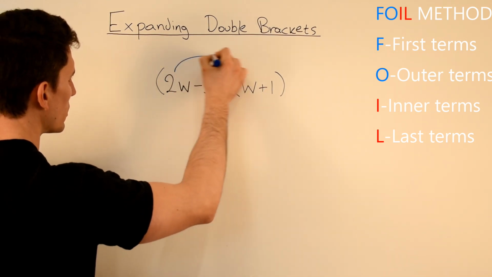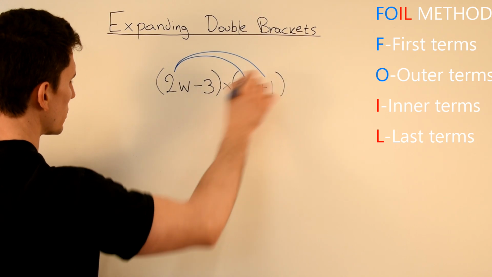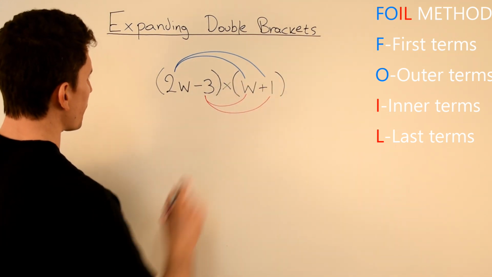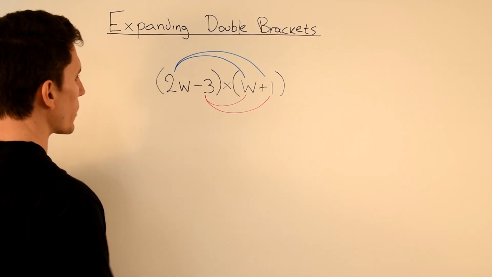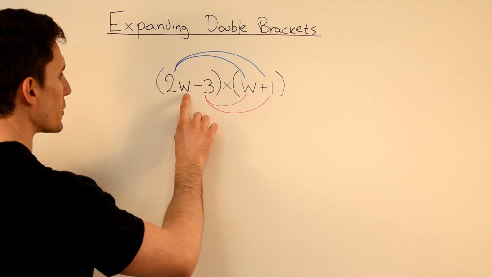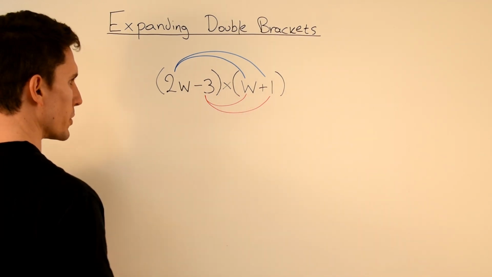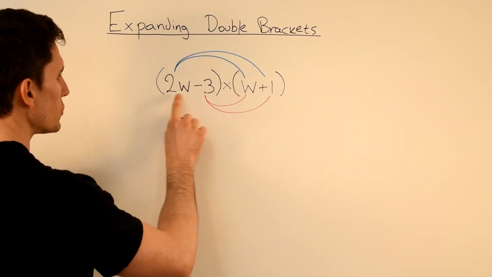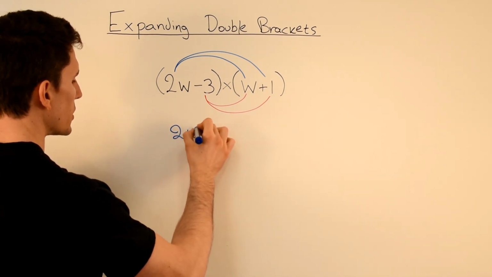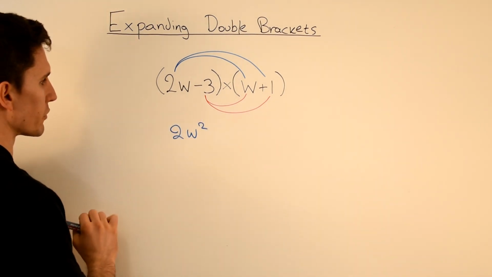So we've got 1, 2, 3, 4 lines. Okay, so let's start with multiplying 2w by w. Now remember, w times w is w squared. Therefore 2w times w will simply be 2w squared, which is w squared with a 2 in front of it.